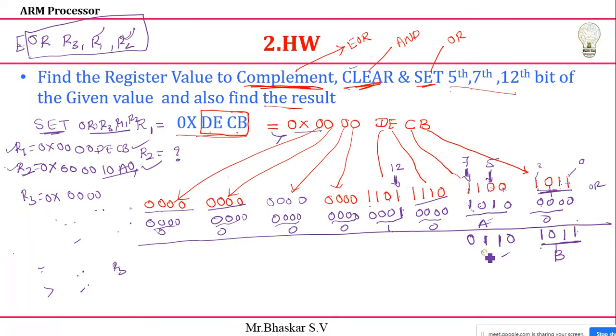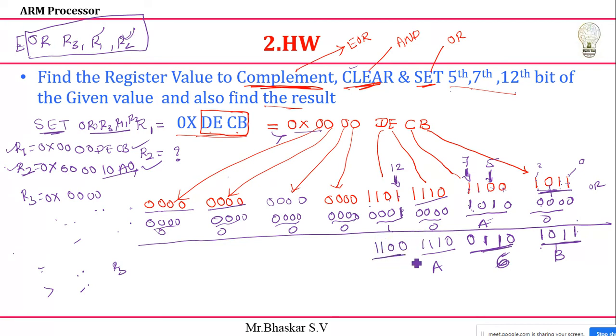So what is the value I'm getting? 1110, it is 6. Similarly, you do this process. Here it is 0 0 with 1 1 1, means I'll get the same value 1 1 1 0. So I'll get the same value, A. We're not changing anything. But when we come to here, 1 XOR with 1, 0 0 1 1.